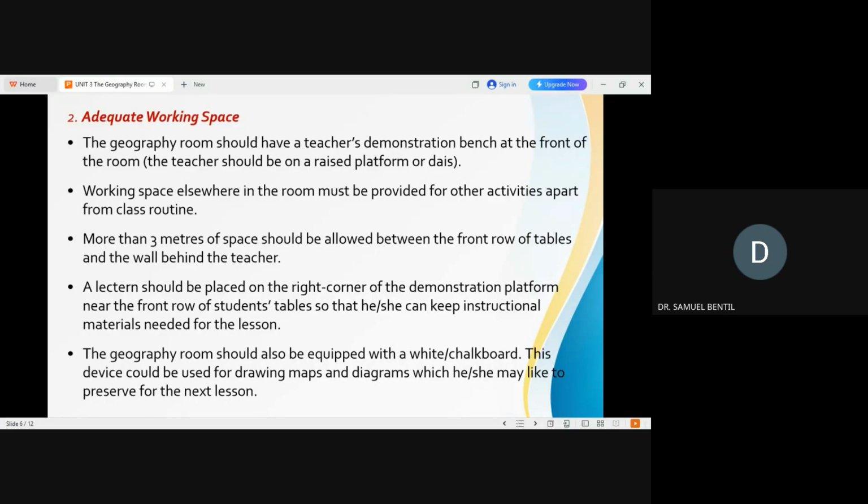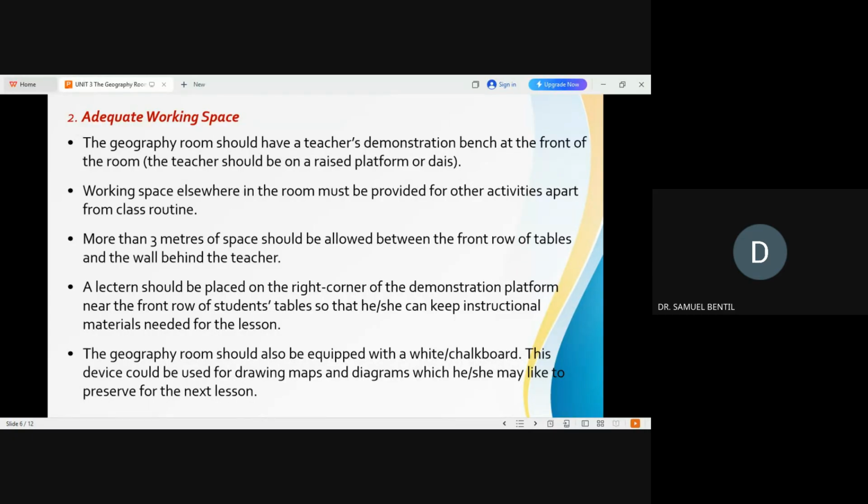So if you look at the picture, you see that there was a desk in front, where we have the wall maps. That's the teacher's desk, so that he can use it for his demonstrations and those things.